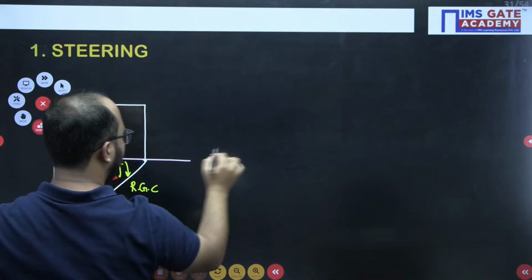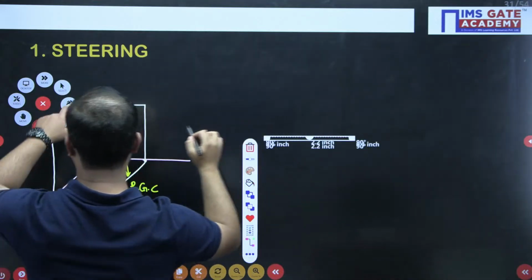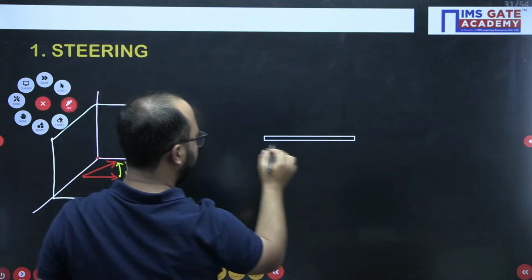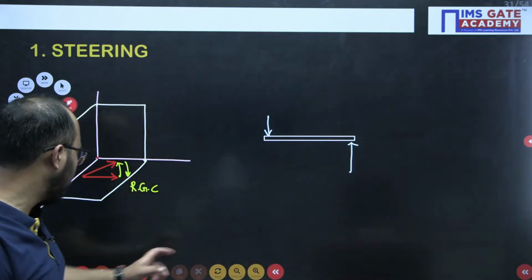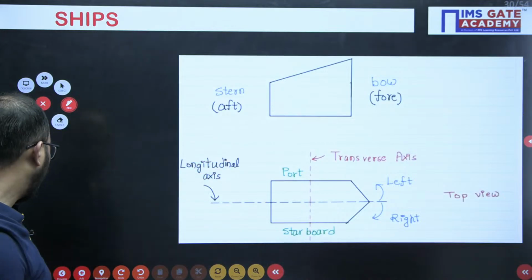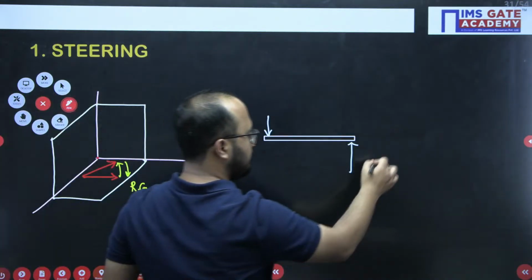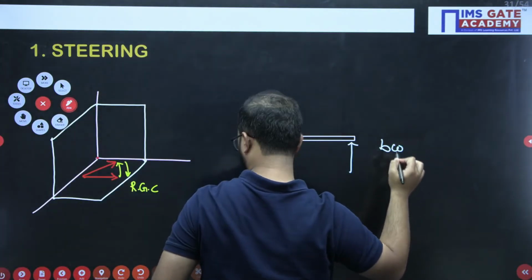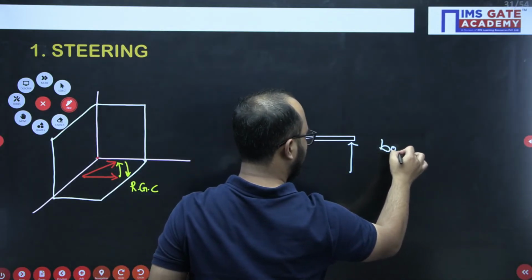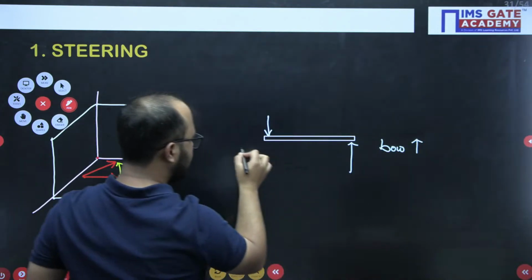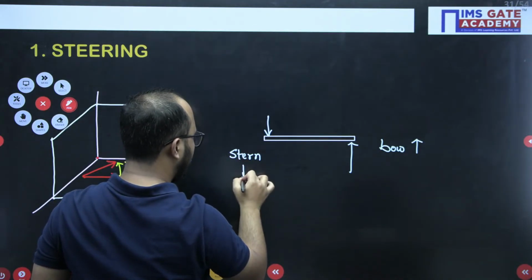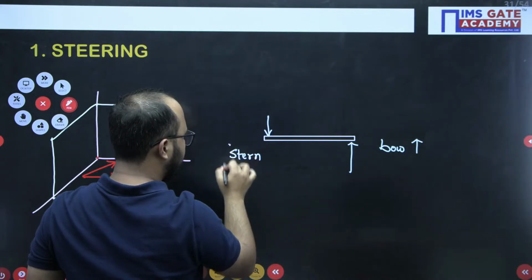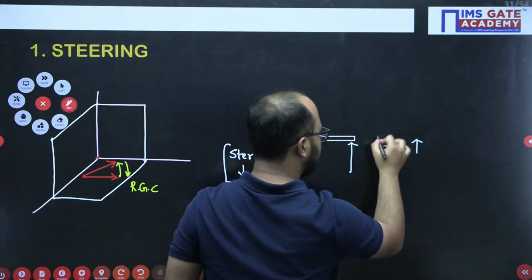So anti-clockwise couple on the propeller shaft basically means, in this case, as I told you, you should remember this point: the bow part will go upside, and the stern part will go down. That is what we need to conclude from this analysis.